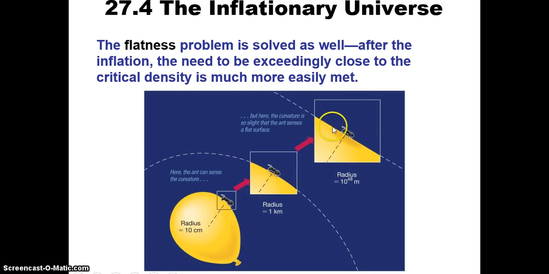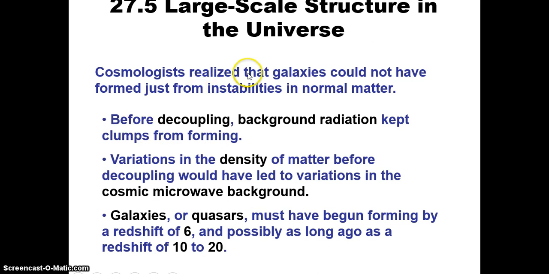So basically, the universe looks flat, as far as the eye can see, because of this very early nonlinear expansion, also known as inflation. All right, so that solves that. Let's move on.